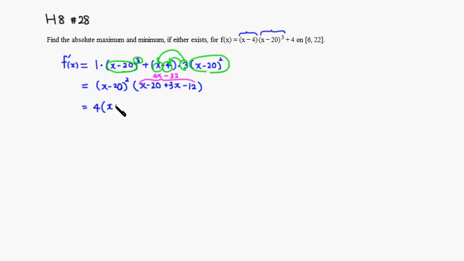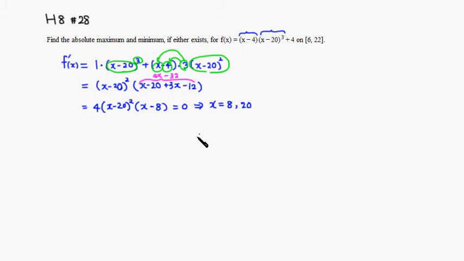Then you have quantity x minus 20 squared. If you pull out 4 from 4x, you have x, and pull out 4 from 32, you get negative 8. We set that equal to 0 to find the critical numbers. So you can see that the critical numbers are x equals 8, from here, and from here x equals 20.